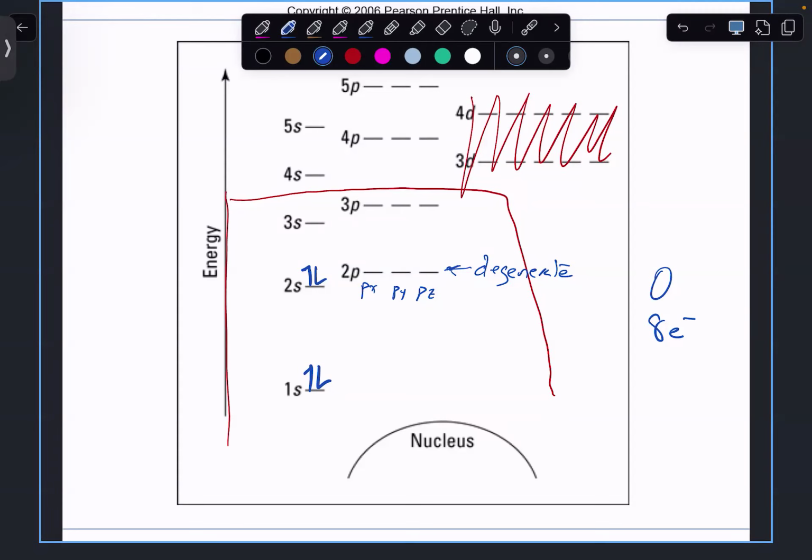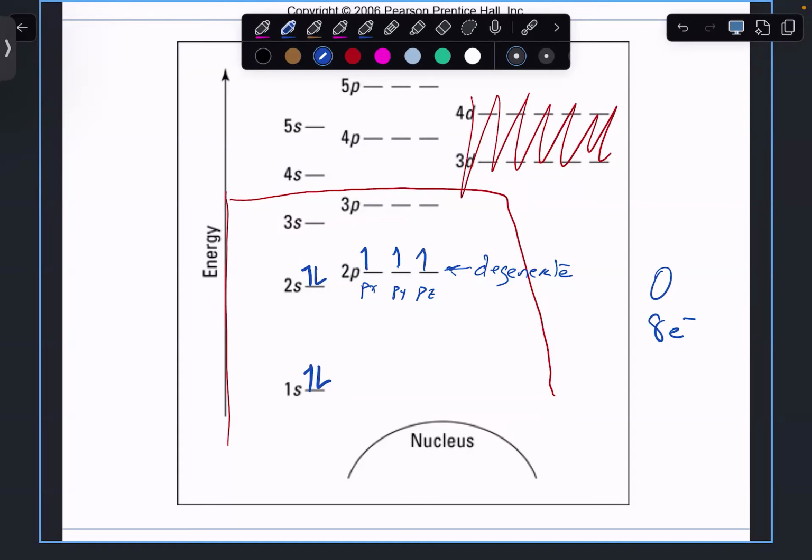So basically, electrons don't want to be close to each other. Anything that leads to electrons being close to each other is going to mean a higher energy state. And so if those electrons can be away from each other, meaning in different orbitals, that is what they're going to prefer. So when we start putting these electrons in these degenerate orbitals, they're going to go in singly first.